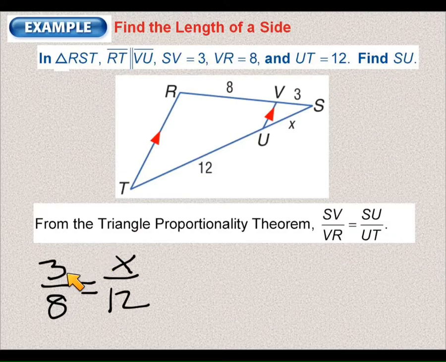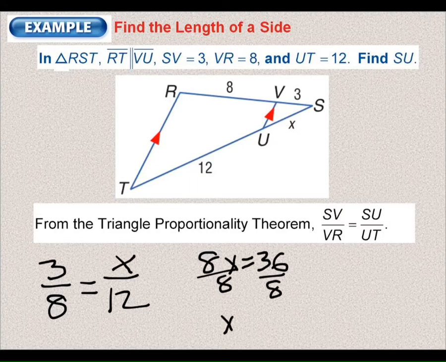Again, if you did it the other way, if you did 8 over 3, you would have 12 over X. Those are both the same cross product. Good. So solve this cross product. You get 8x equals 36. Divide both sides by 8. Get 4.5.